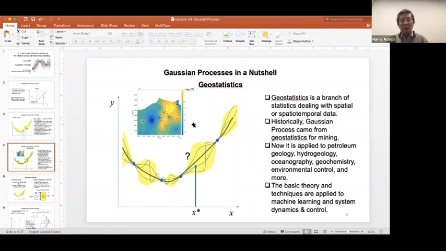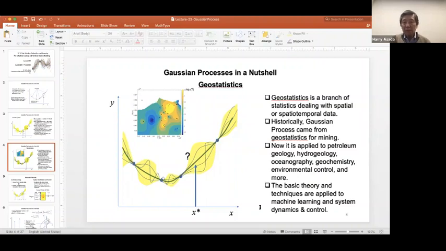It's being done quite extensively using Gaussian processes. In our 2160, the focal points, both machine learning and system dynamics and controls, use this theory in their areas.